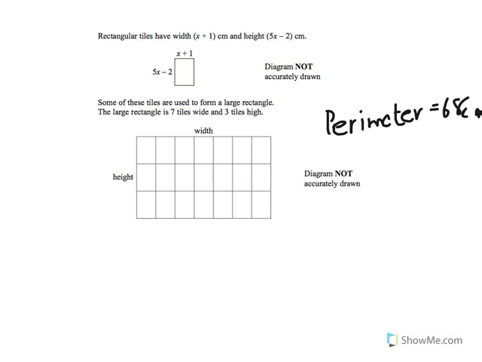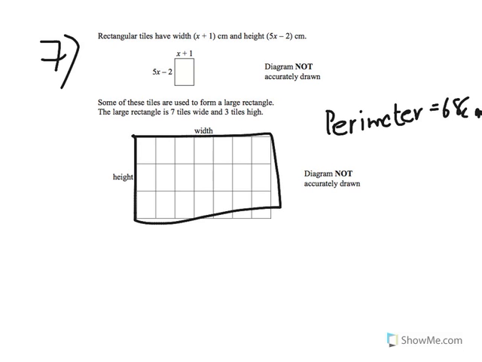Okay, question 7 gives you this thing that rectangular tiles have a width of x plus 1 and a height of 5x minus 2. You can read the whole question. It's on the screen anyway. And they tell you that these tiles are used to make a floor. So they say that the perimeter of this large rectangle is 68, right? And they're asking you to write an equation in x.